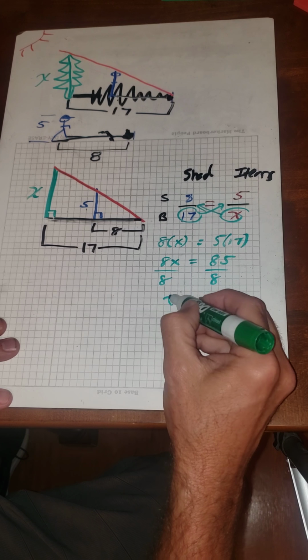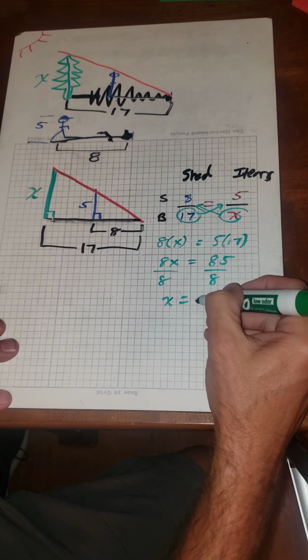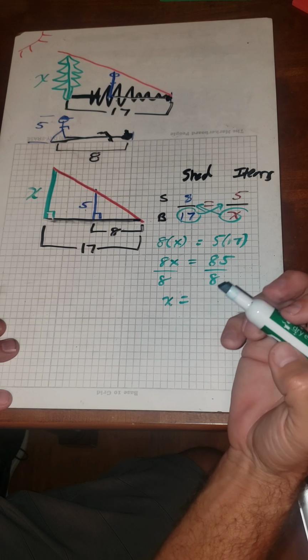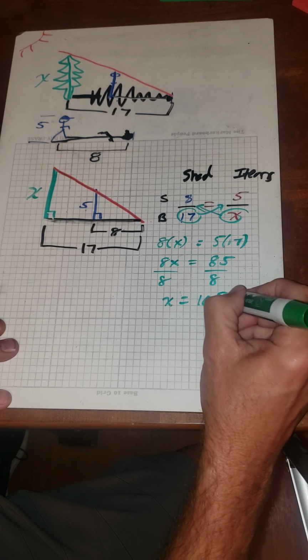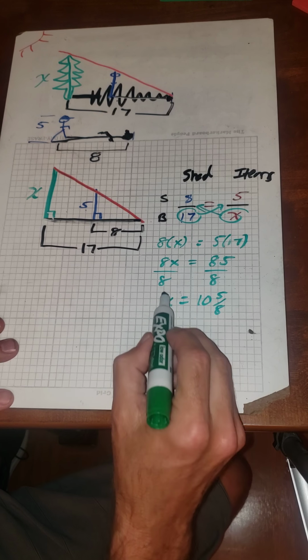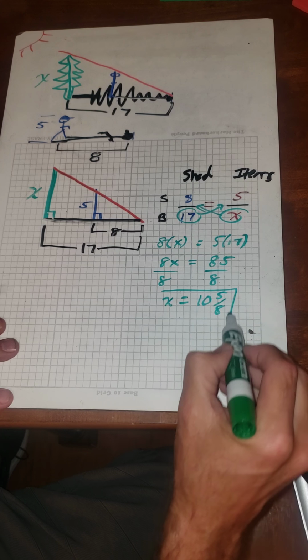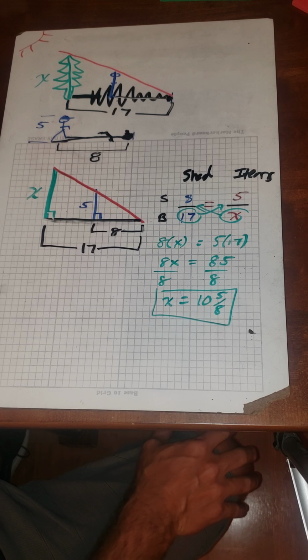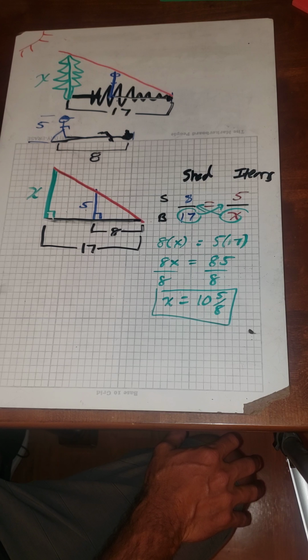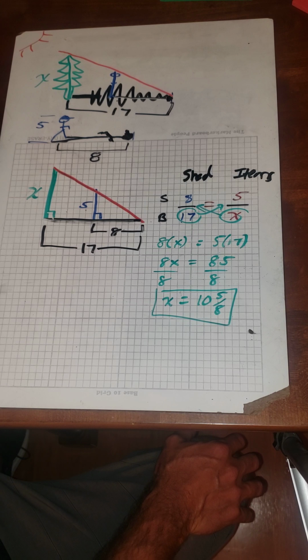And I get x is equal to, and you could leave it 85 over 8, or if you want to make it 10 and 5/8, that's fine with me. All right. And then I guess that would be feet because that's what I measured in. Okay. So this is one of the embedded triangles that we can do. It's very useful. We're going to find a lot of heights just by looking at the shadow of a person, the shadow of an item.